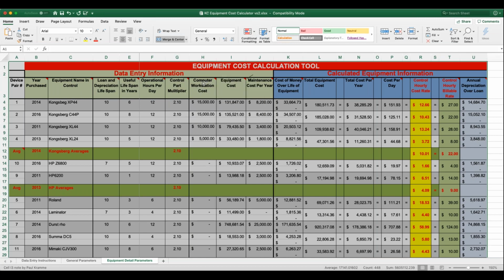The next pair of columns is the cost of the equipment. Some printers and routers require a dedicated workstation, so that's the cost of the workstation. This is the cost of the printer or the router or the plotter, okay?